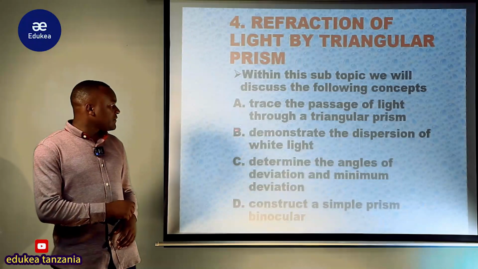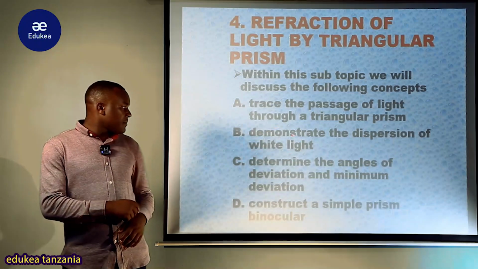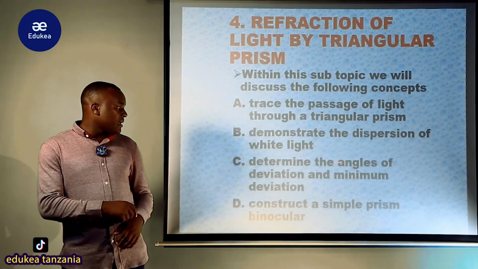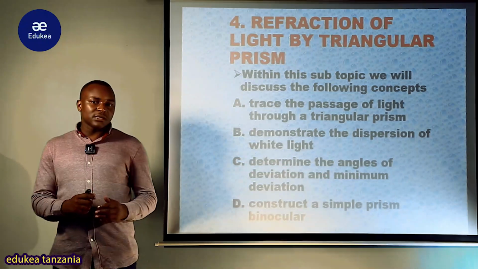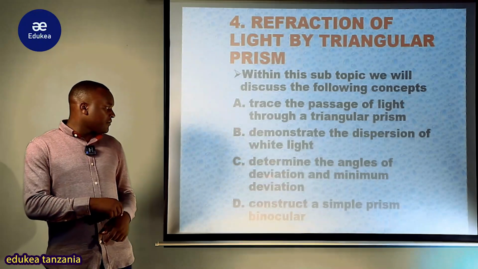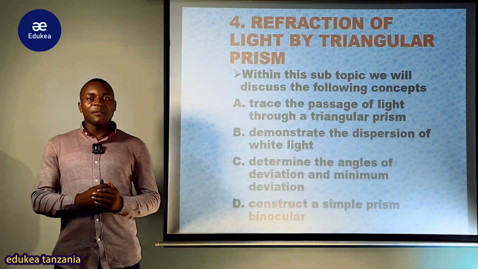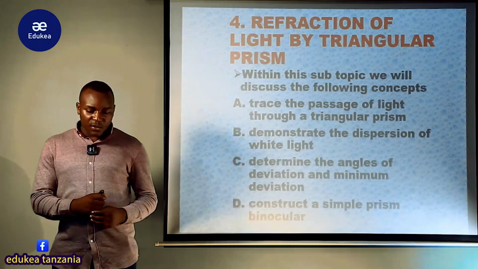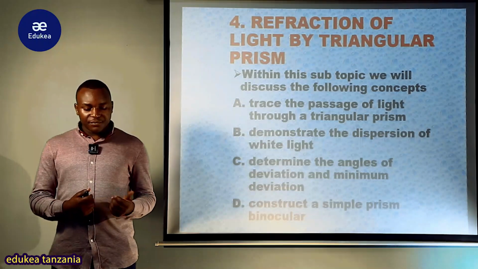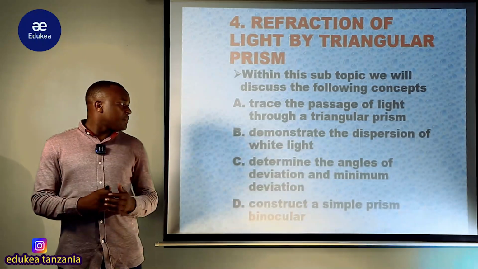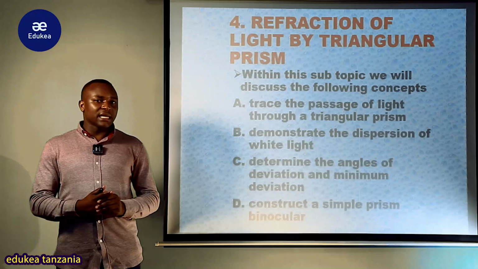Ukiangalia katika hizi vipengele tumeshakwisha kusoma mpaka hapa kwamba determine the angle of deviation which is a minimum angle of deviation, na angle of deviation tulishaangalia katika vipindi vilivyopita, but also to demonstrate the dispersion of white light. Okay, we proceed with the demonstration of dispersion of white light.